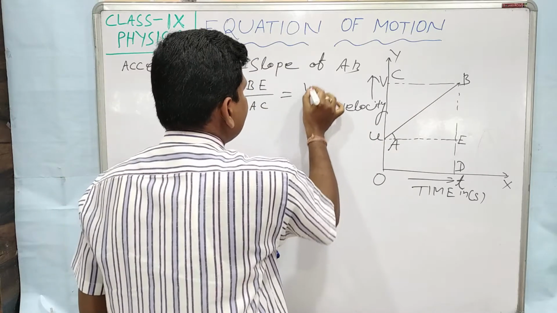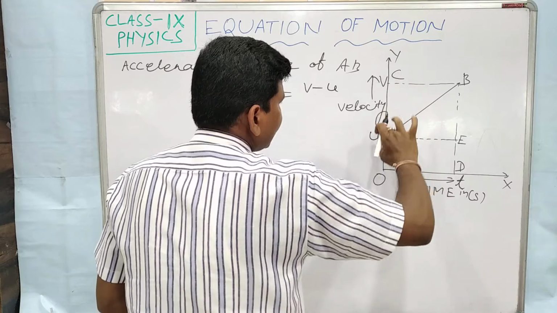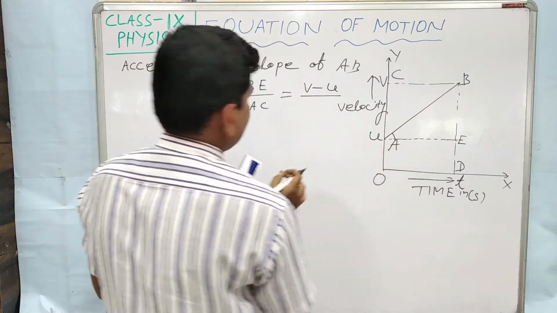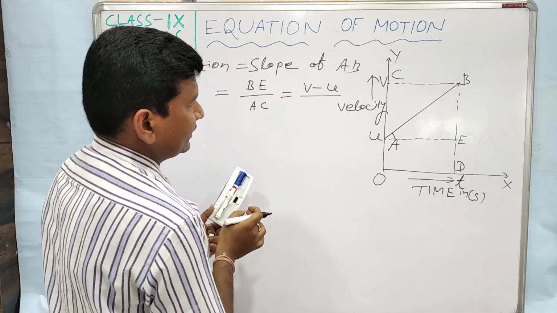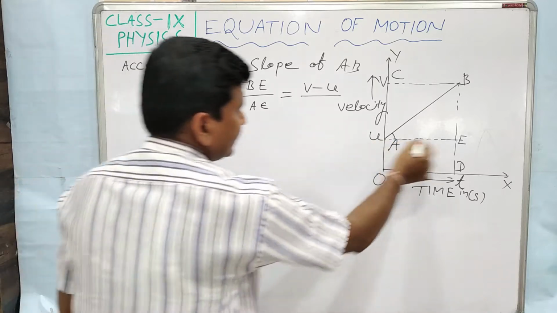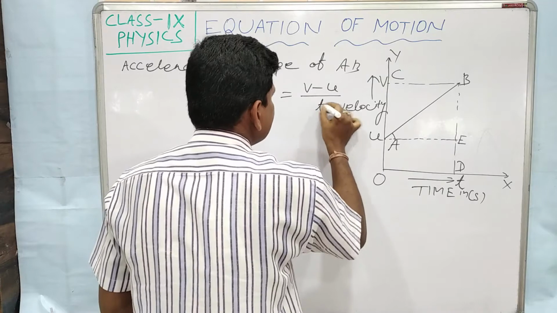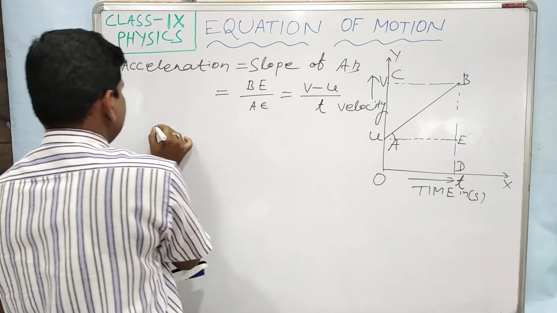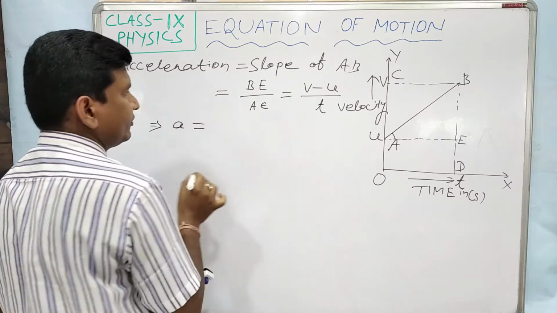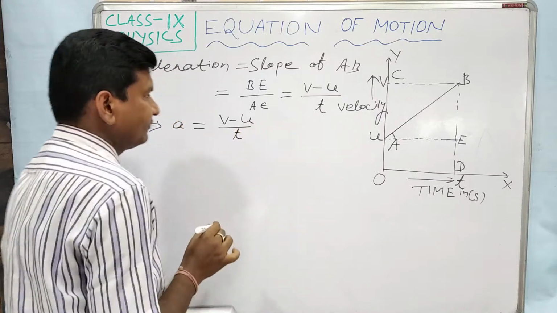So that means V minus U divided by AE. This is your AE. AE is T minus 0, that means T. That implies acceleration A is equal to V minus U divided by T.